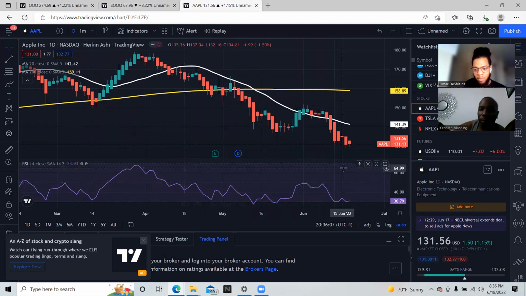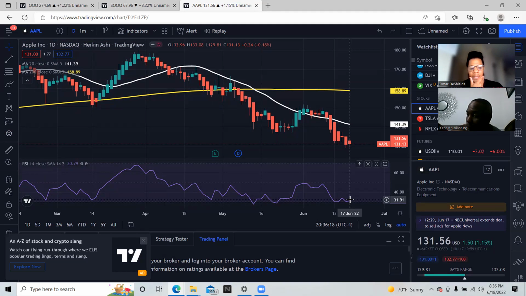Cool. So just by looking at this, we can see that the RSI for Apple right now is 30, which is saying that it's oversold. So basically, it would also be a good time to buy just based off the RSI.